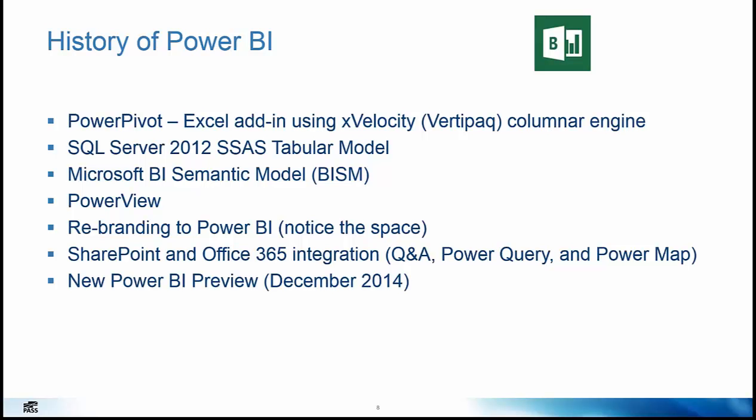It was using what used to be called the Vertipack engine, which is now called XVelocity, the columnar compression engine that exists today in the tabular model. It's also now being used in the database engine itself to run the columnar indexes that you can do now, which are all built off this same technology. So that started way back with the original Power Pivot.